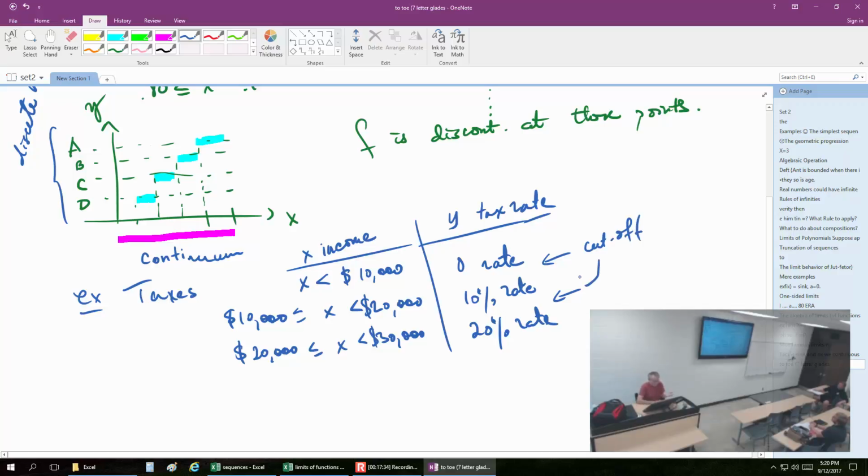There is nothing below zero, so you can say that there is a cutoff point there. But at 10,000 and 20,000... I'm sorry, I think I should just eliminate this. Anything above 20,000, let's say 20% hypothetically. That way you have only two cutoff points, and they're discontinuous.